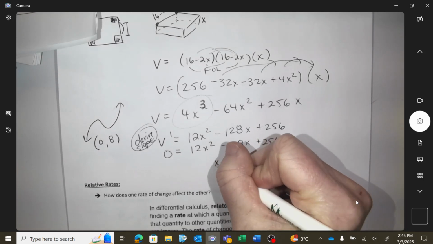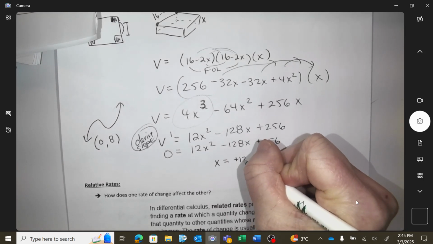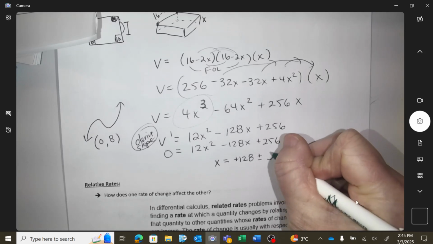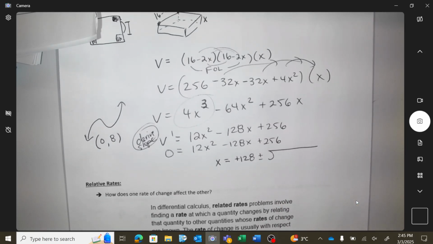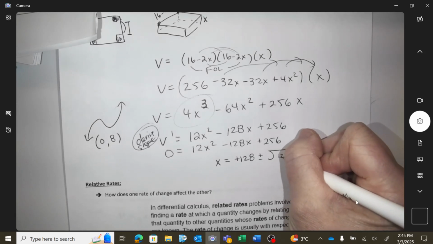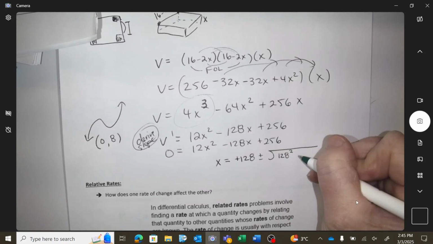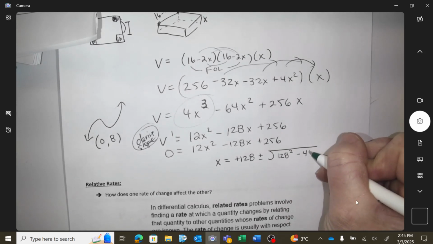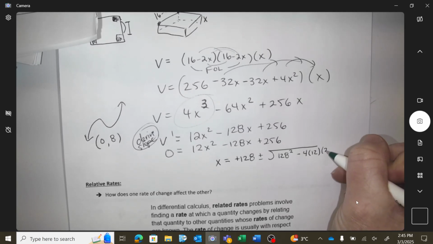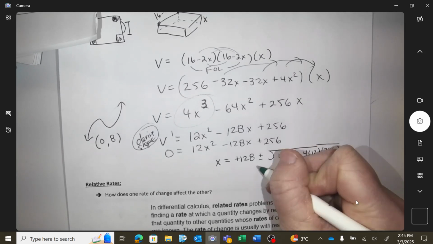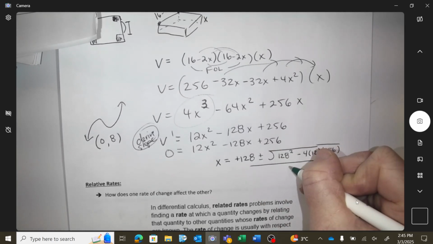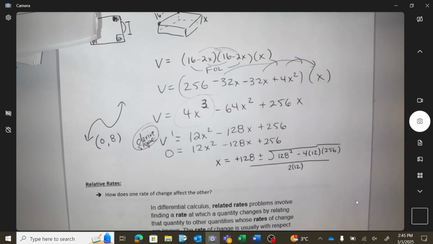Okay, ready? X equals opposite B, plus or minus the square root of B squared minus 4AC, over 2A. Did you notice how I didn't do B squared?